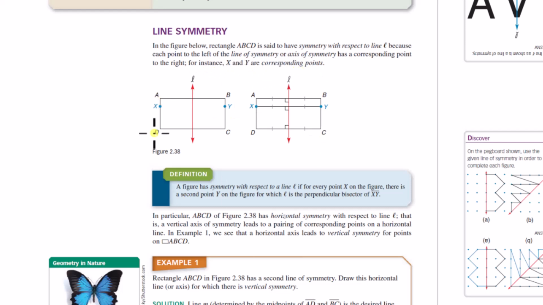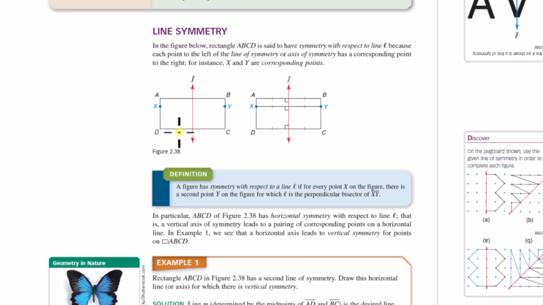All right, so you've got this rectangle ABCD, and they're saying it's symmetric with respect to this line L. And since it's in that case, you can call this line L a line of symmetry or an axis of symmetry. And the reason why it's symmetric is because every single point on the rectangle on one side of the line has what's called a corresponding point on the other side of the line.